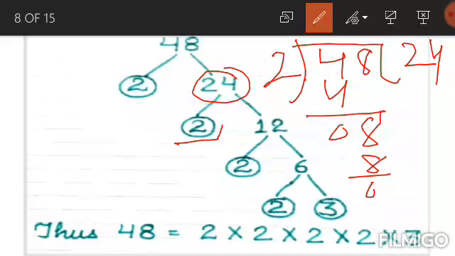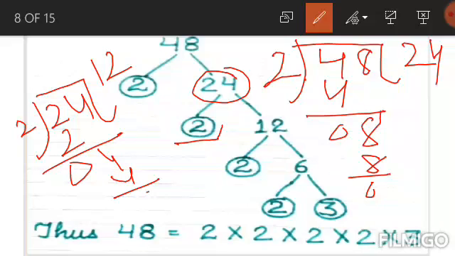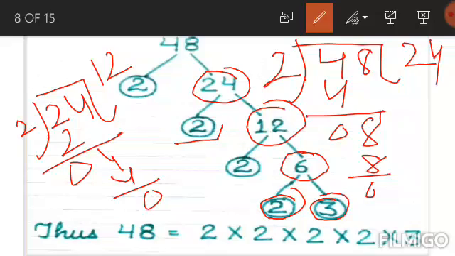And we divide 24 by 2, we get 12. So we will write here 12. Again, we will divide 12 by 2, we get 6. And after that, at last we will divide 6 by prime number, we get 2 3s are 6.